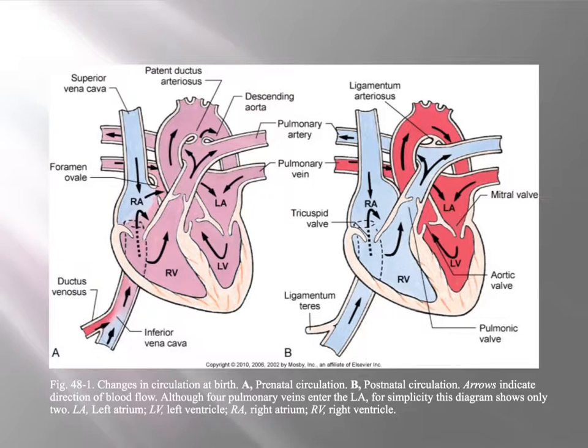Alright, so this is a diagram that can also be found in your book, there's a very similar one in your book. That shows on the left side at figure A that fetal circulation. That fetal circulation enters from that umbilical vein, which is down there by that ductus venosus, and goes to the liver, and then into the inferior vena cava, which is where that ductus venosus is at.